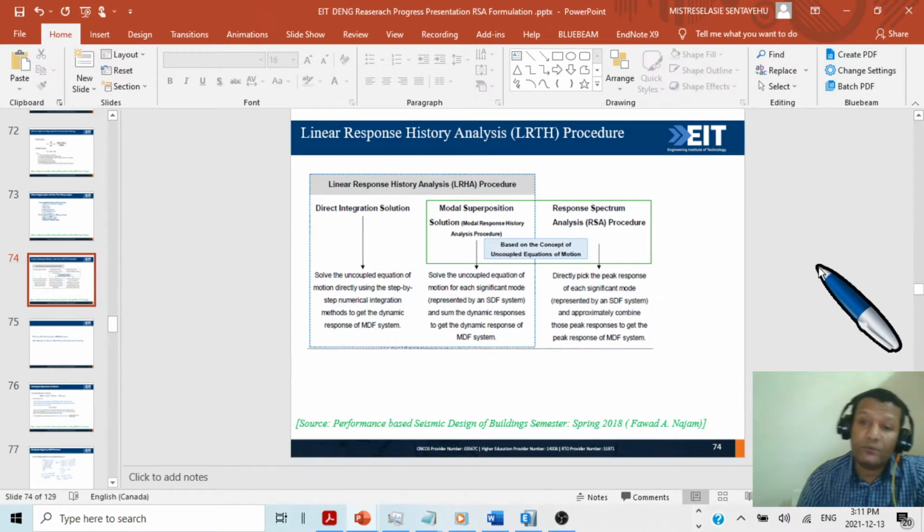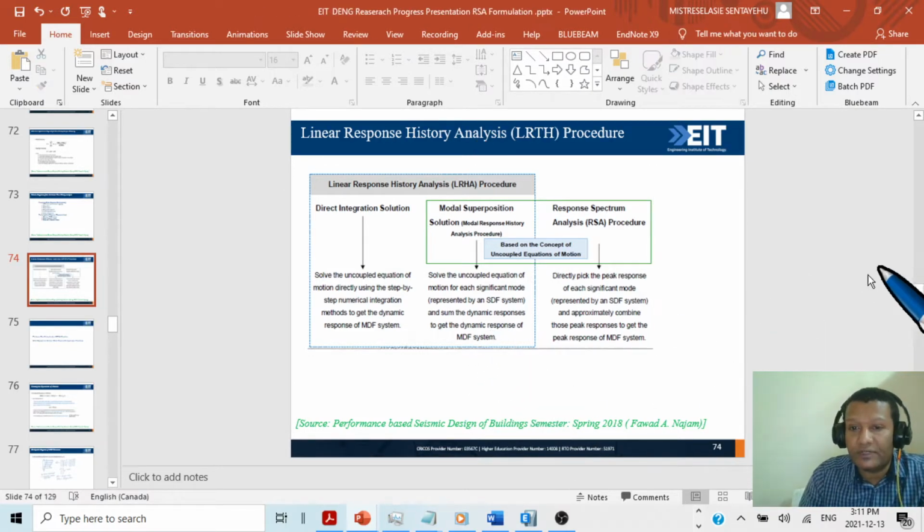That means once we uncouple the equation of motion, for each mode and each floor, we will solve the response and sum up to find the solution for the multiple degree of freedom system.